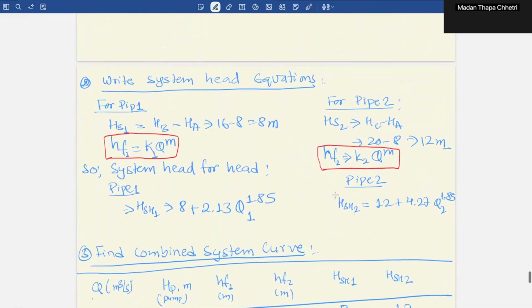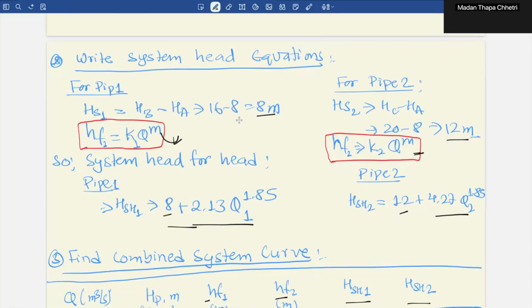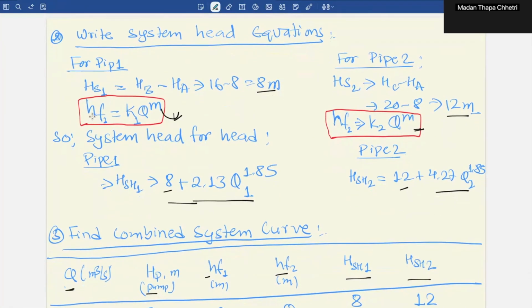Now let us write the system head equation. For pipe 1, static head 1 will be equal to HB minus HA, 8 meters, whereas for pipe 2, the static head will be equal to 12 meters. Like I mentioned, we can compute the head loss caused by friction for pipe 1 and pipe 2 using this formula.